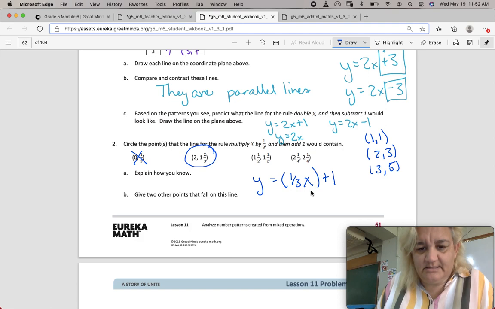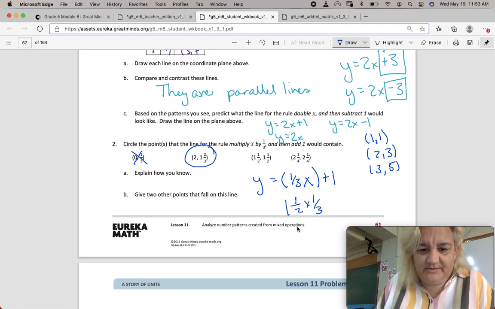Let's try it again. 2 times 1/3 would be 2/3. 1 2/3. Good. Okay, let's try 1 1/2. If the x equals 1 1/2, that would be 1 1/2 times 1/3.